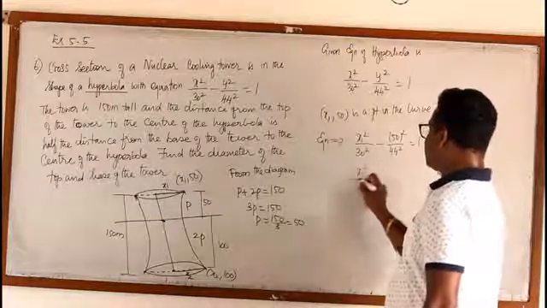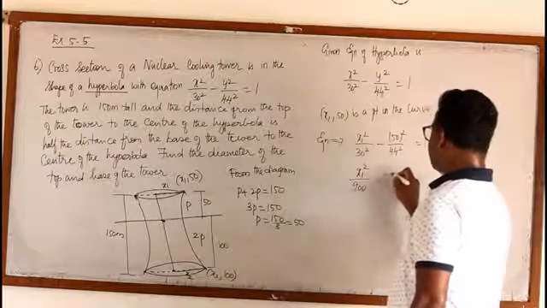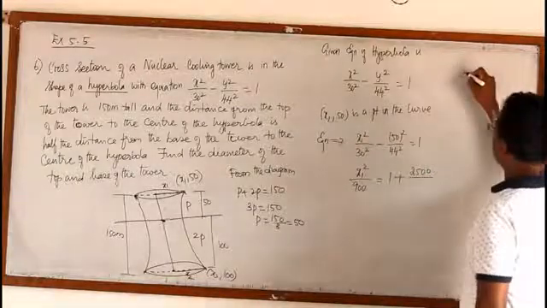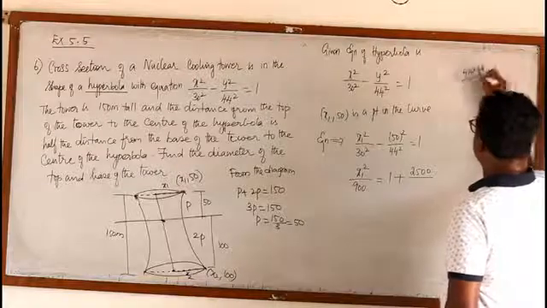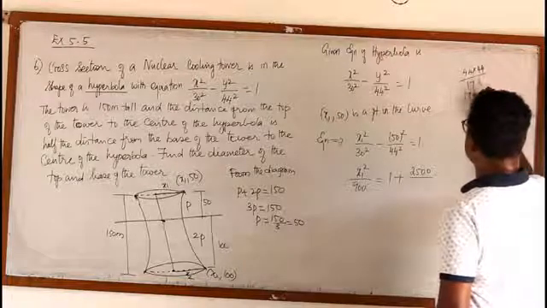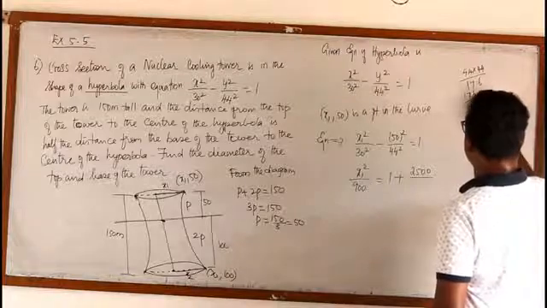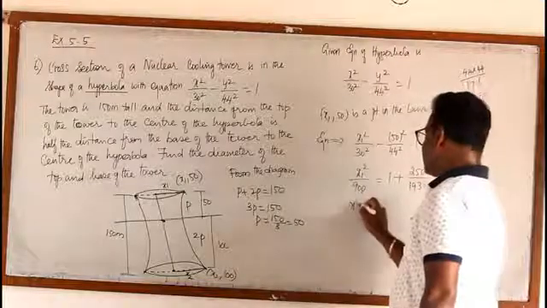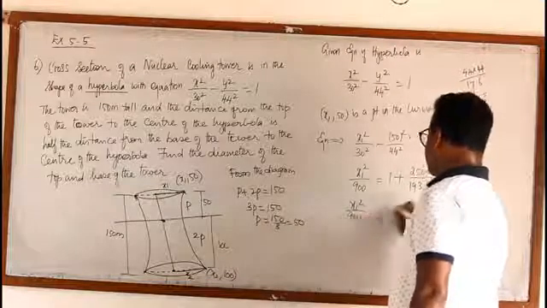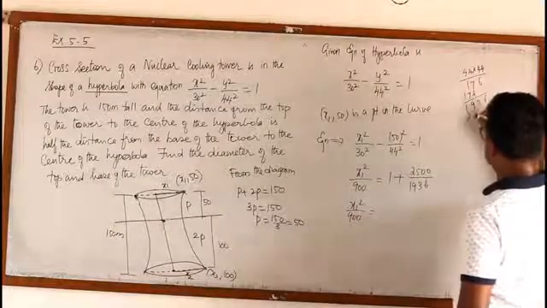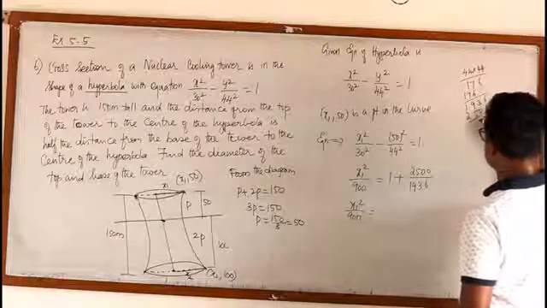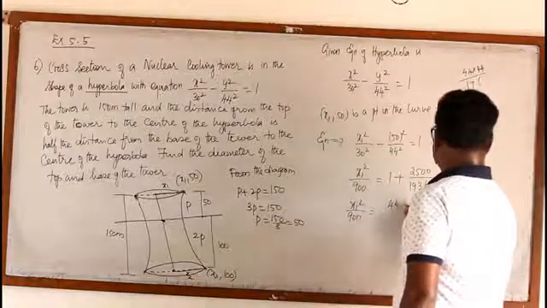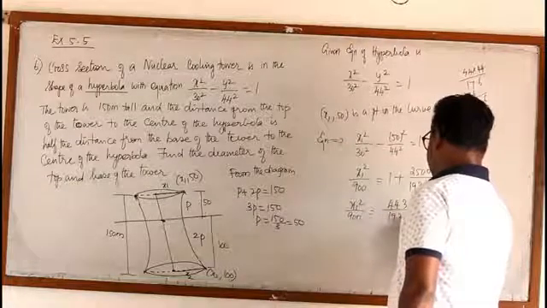So it is x1 square by 900 equal to 1 plus 2500 by 44 square. 44 square is 44 into 44, which is 1936. So x1 square by 900 equal to, when we add 1936 plus 2500, it is 4436 by 1936.